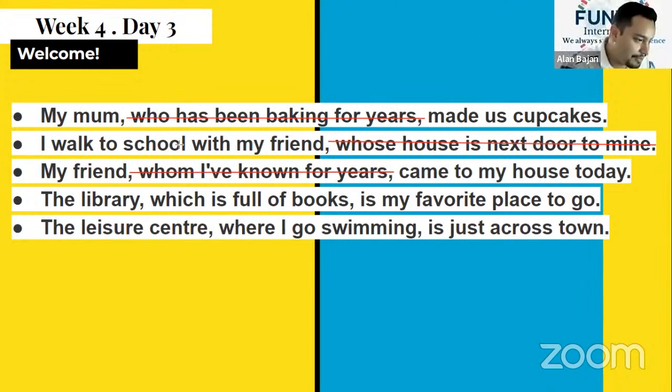Let's go to the next example. The library, which is full of books, is my favorite place to go. I can say, the library is my favorite place to go, and the sentence is correct, and the sentence makes sense. But I want to say, the library, which is full of books here, there, over there, is my favorite place to go.